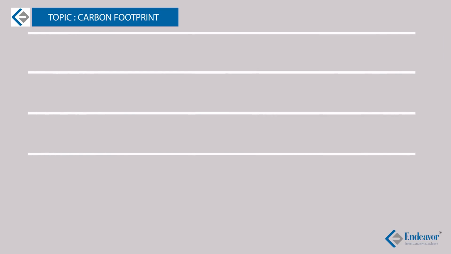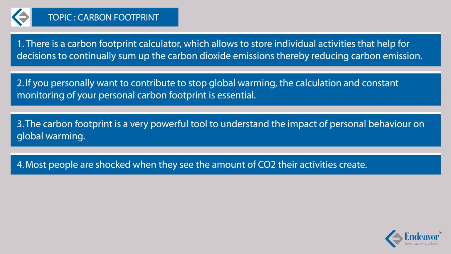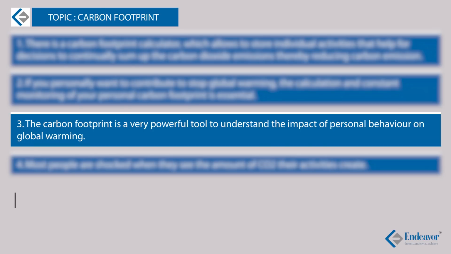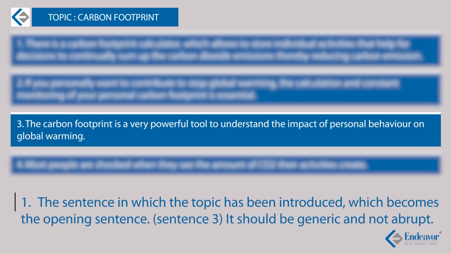The opening sentence is, the carbon footprint is a very powerful tool to understand the impact of personal behavior on global warming. This sentence introduces the topic, that is carbon footprint.